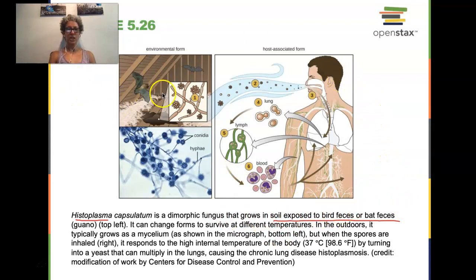If it gets dusty and a person is working in that environment where the soil is contaminated by the Histoplasma, it causes histoplasmosis. And so when it's inhaled, that high temperature gets the organism to turn to that yeast that multiplies in the lung, causing the histoplasmosis.